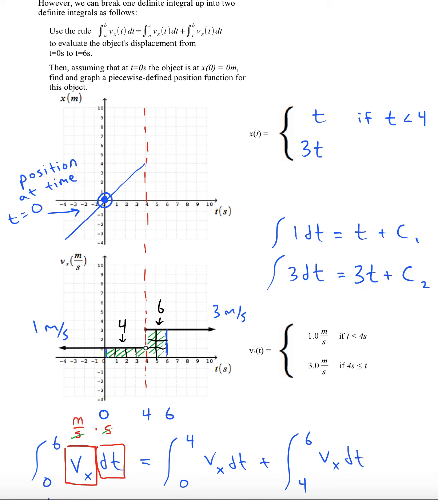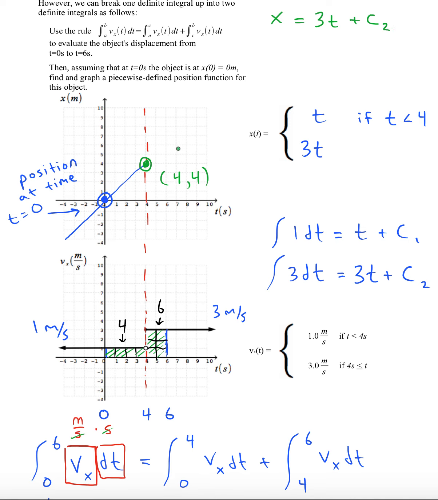Well, we should actually use algebra to figure that out. We know that our graph has to touch the point 4, 4. So what I'm going to do is I'm going to say x equals 3t plus c2.